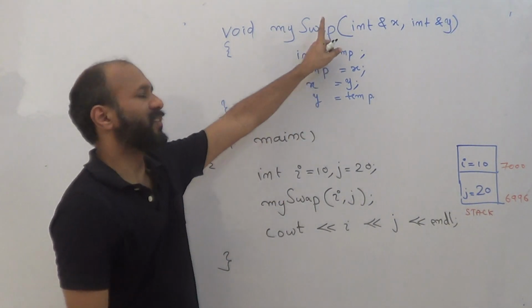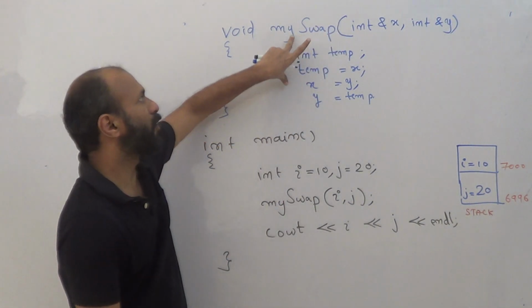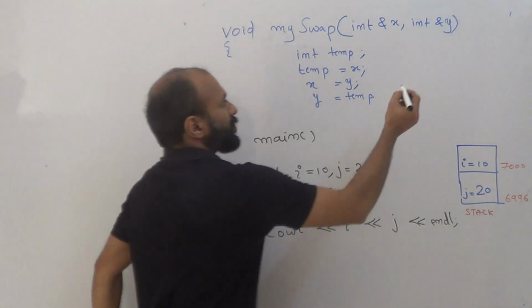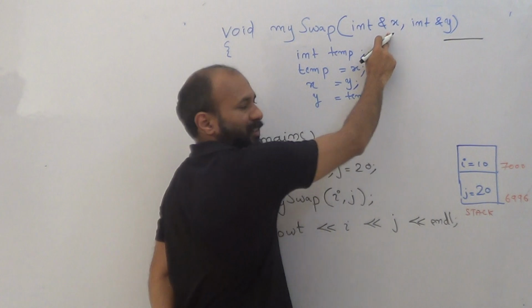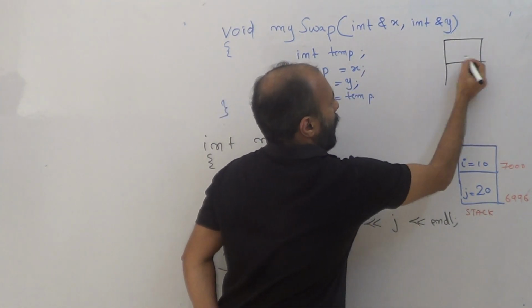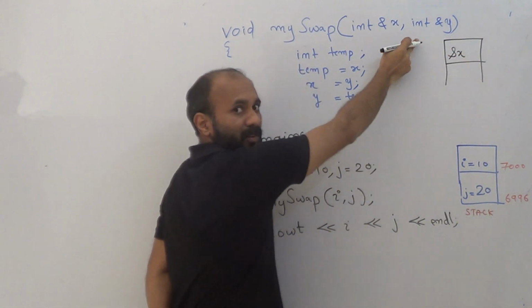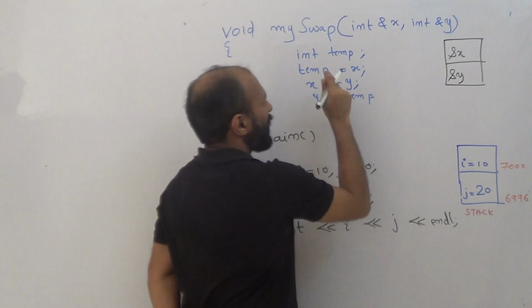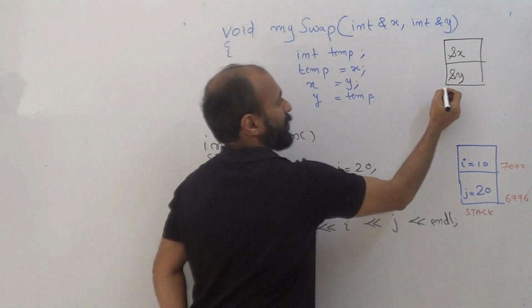Now we can try to draw the stack frame of the mySwap function and we can see. Here I have a reference variable x and I have a reference variable y and I have a local variable temp.